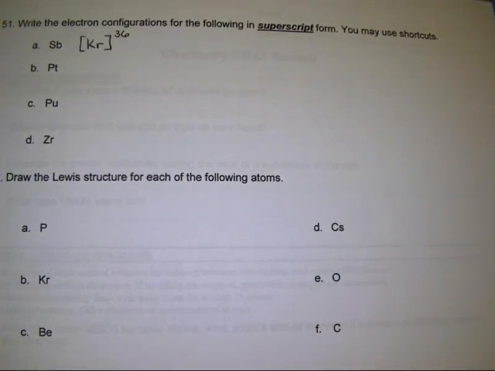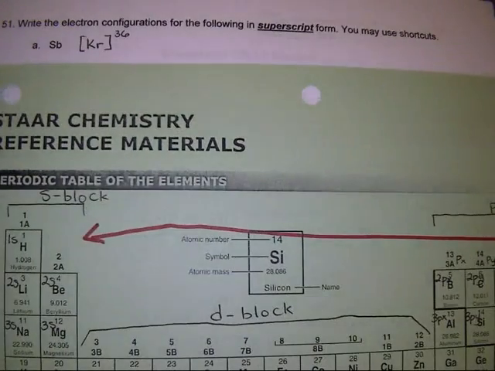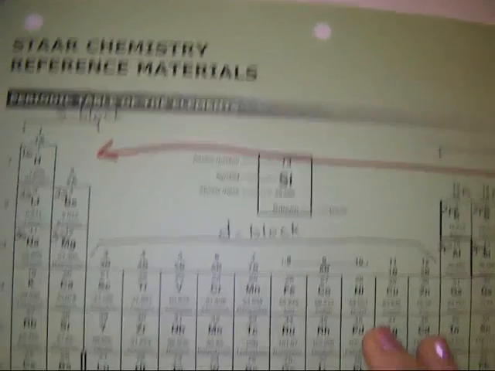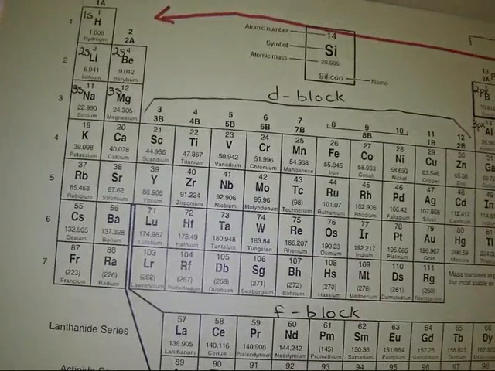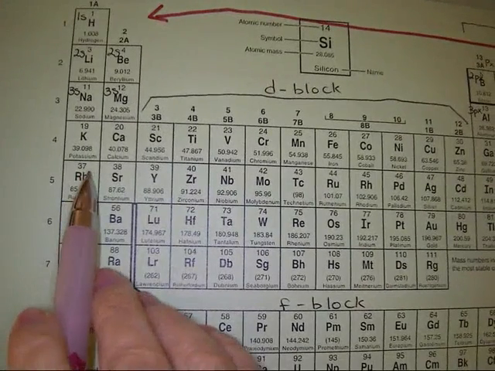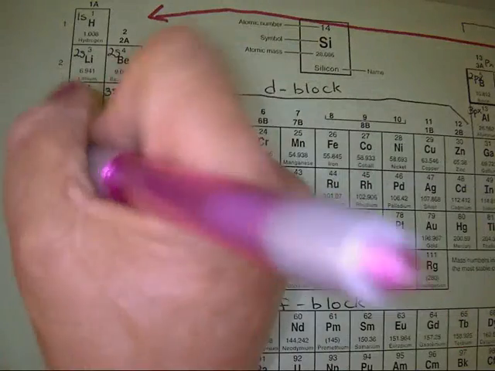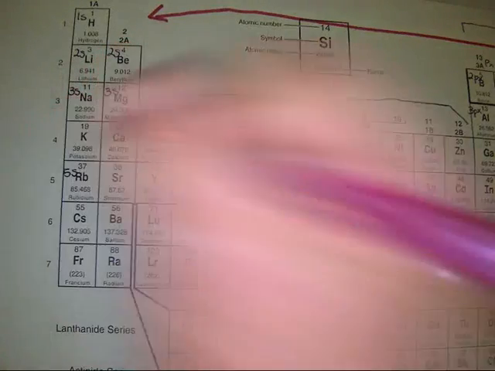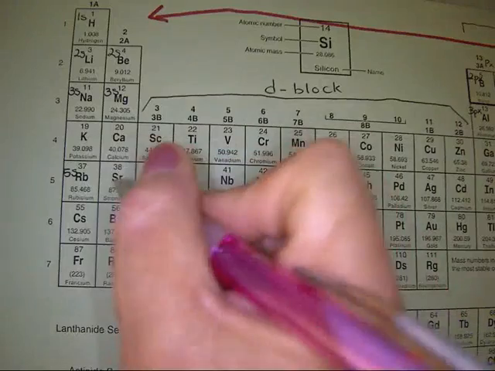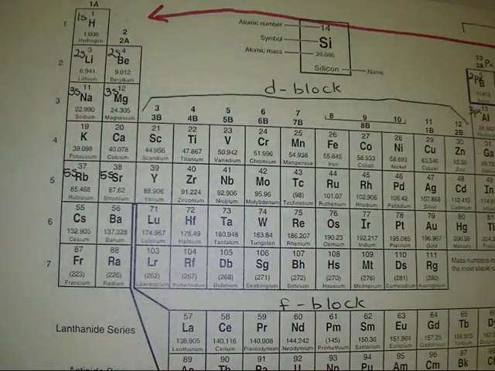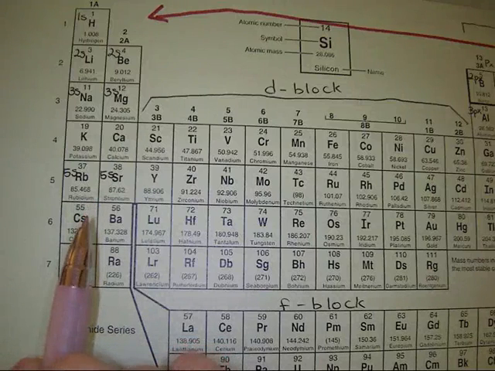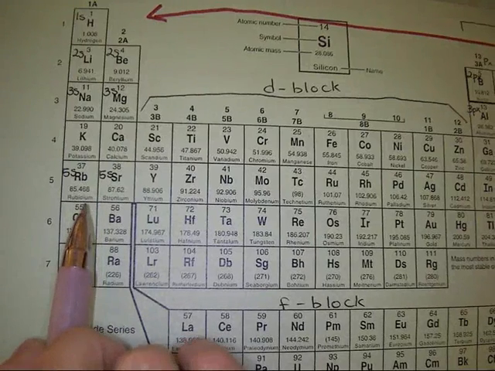Then starting from number 37, I can use the regular electron configurations. Write down the last row. Number 37 is in the S block and it is 5s because it's in the 5th row. Number 38 is also in the S block and is 5s. How many electrons do I have in 5s?